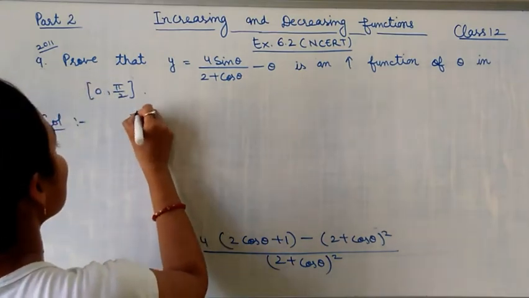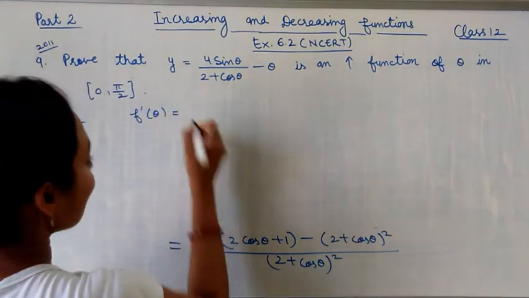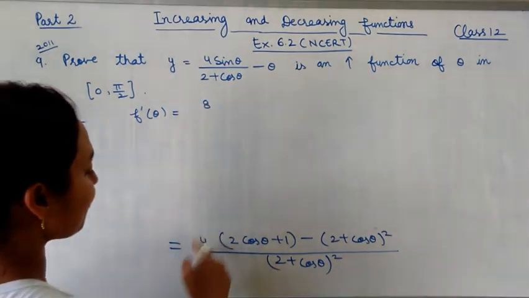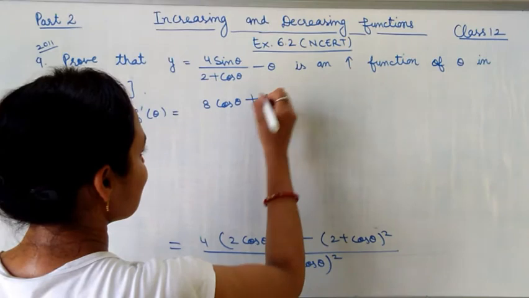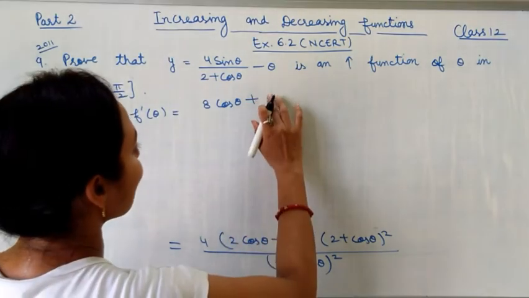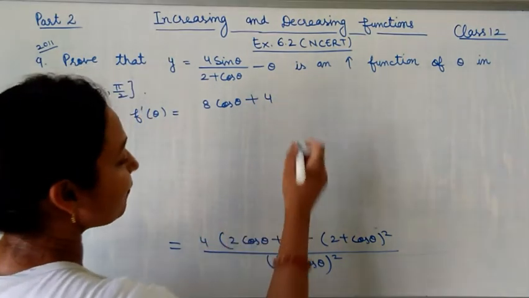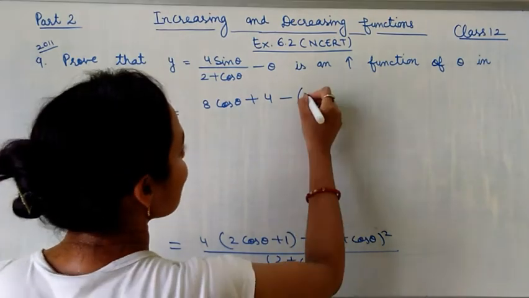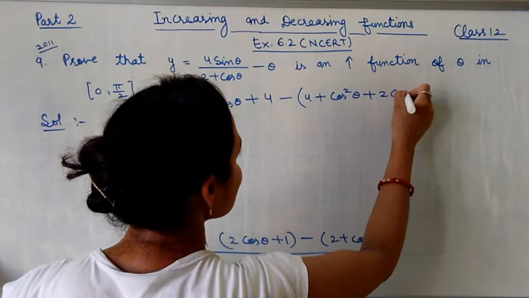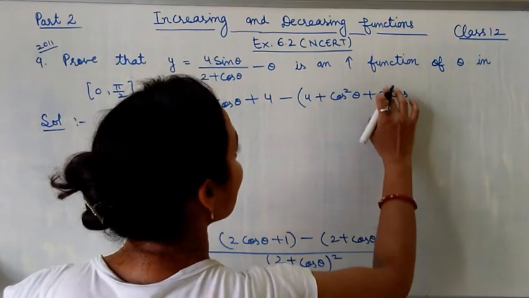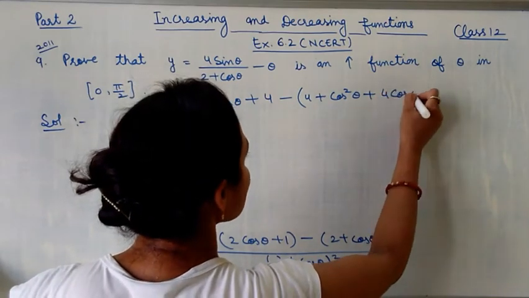F dash theta is equal to, when you simplify it, 4 2s are 8 cos theta plus 8, that will be 4 plus 4, 4 1s are 4, minus 2 2s are 4 cos square theta plus 2 cos theta, 2 2s are 4 cos theta, right? 4 cos theta.